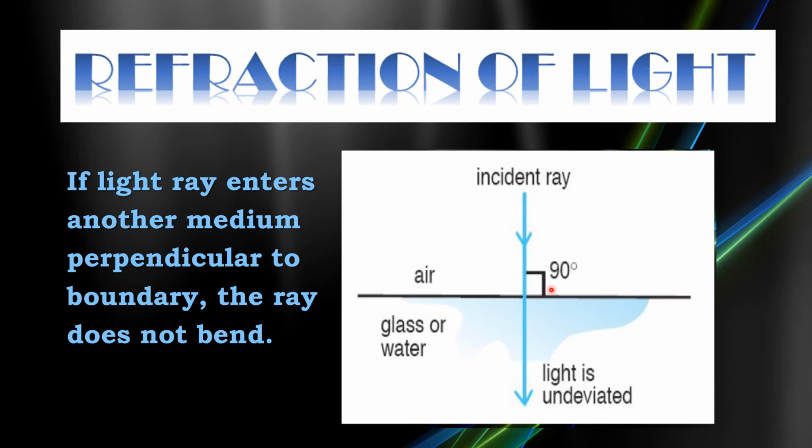This is a very important concept. You have to know this: when an incident ray enters another medium perpendicular to the boundary, the ray does not bend. The light ray is undeviated.